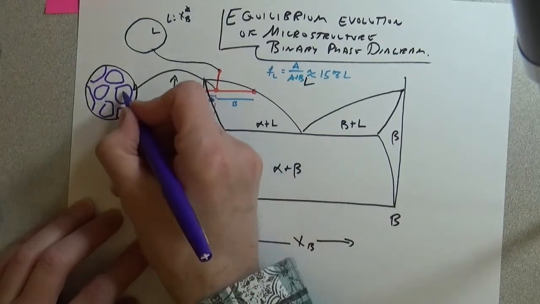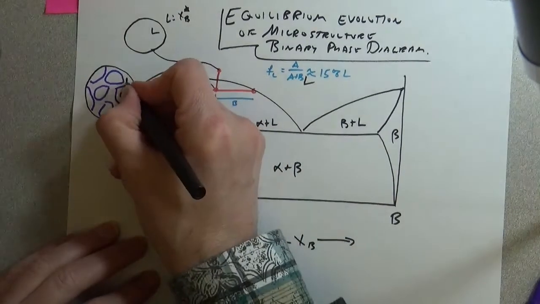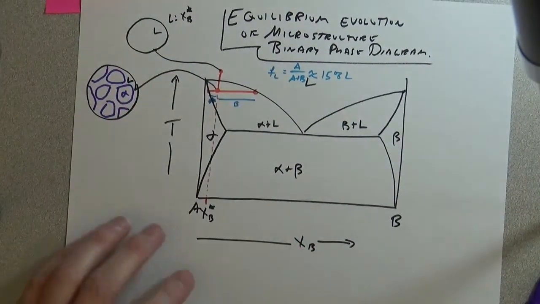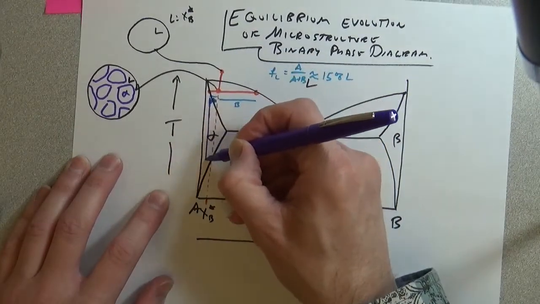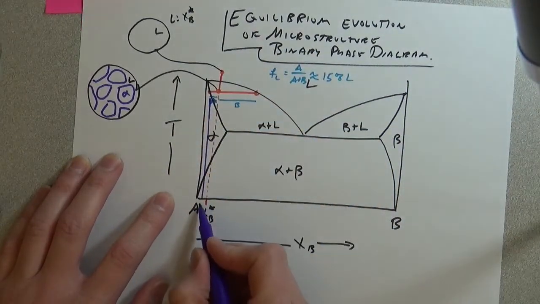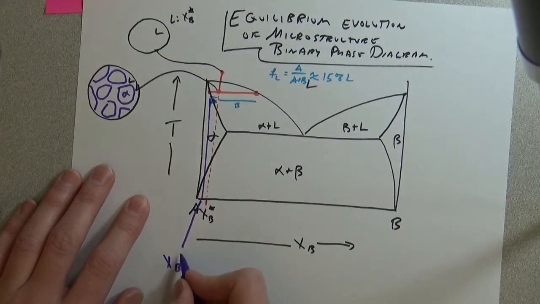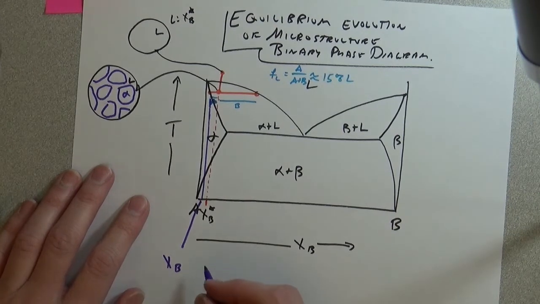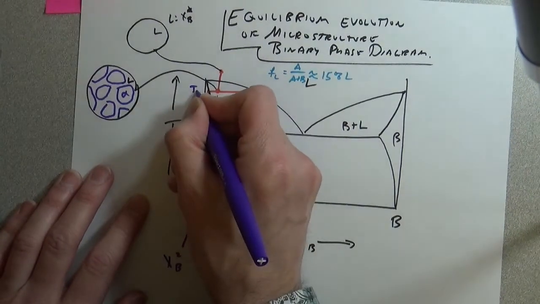That's alpha, and liquid. The composition of the alpha is determined right here, which I'm going to call XB. I'm going to call this XB2, and call this temperature 2.